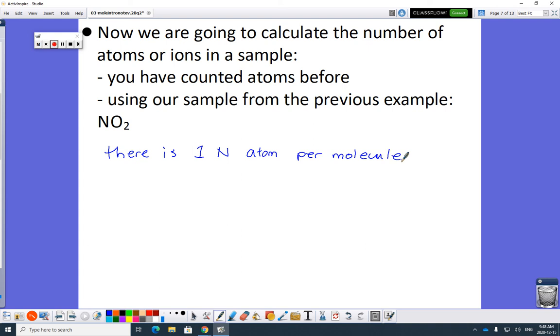Oxygens. Yes. Two. Again, if that looks like 20 to you, write oxy. And then we didn't really talk about this before, but you can also do the total, right? There's 1 plus 2, which is 3 total atoms.